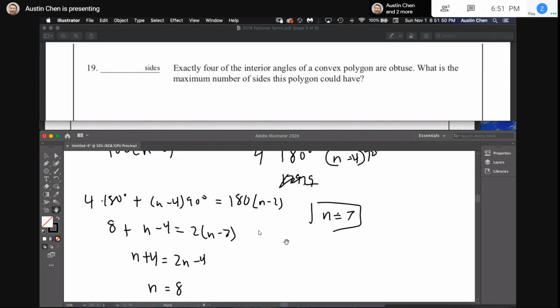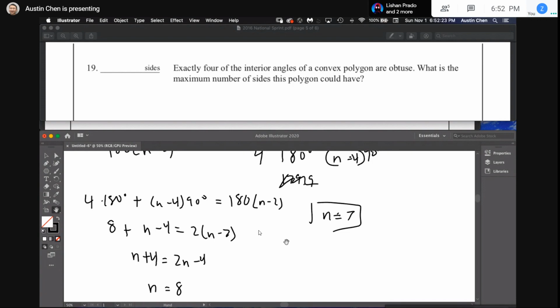Because it's a convex polygon and you already have the four obtuse angles, the maximum number of extra angles you can have would be two more angles, or three more sides, and two more non-obtuse angles. Because if you have two 90 degrees, that makes 180 degrees.